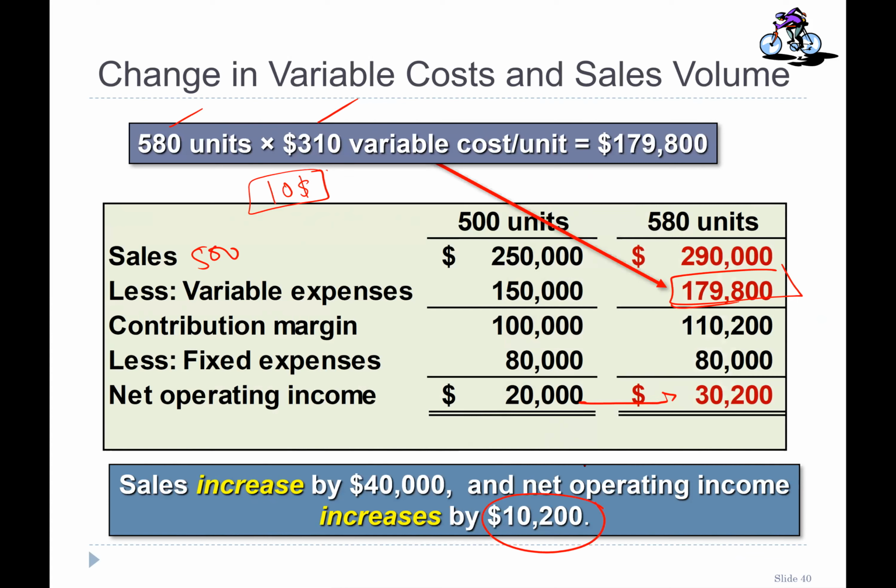Increased by 10,200. This is a miracle, a positive miracle. Right? By changing our variable cost and sale volume, we can generate more than 50% profit. So that is the beauty of playing with the CVP analysis.